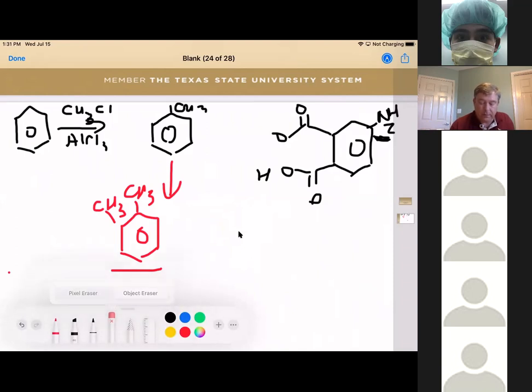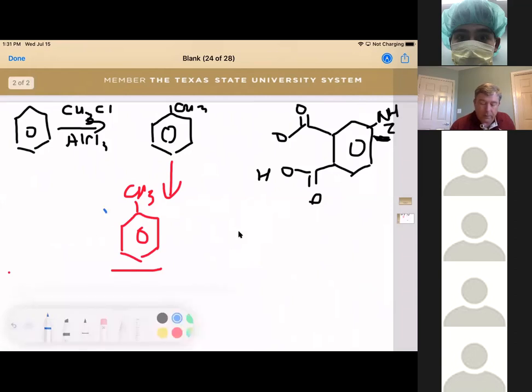Okay, so what I'm going to do is redraw this methyl group with blue ink and have the other methyl group as red ink, and we're going to see where each of the groups is directing and see if we have a preferential location for our nitration.